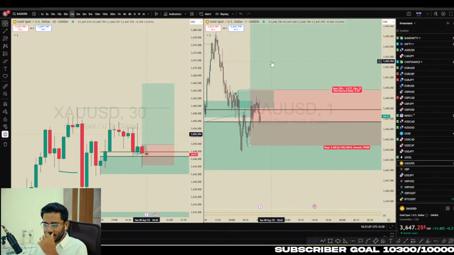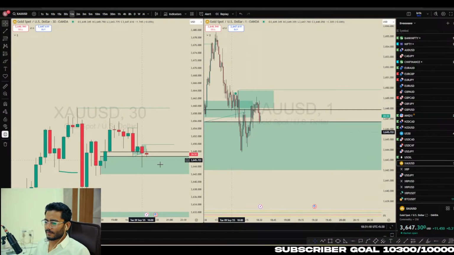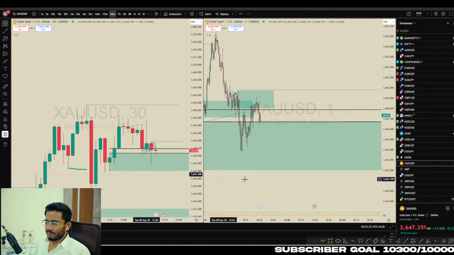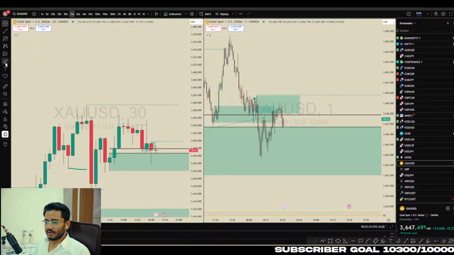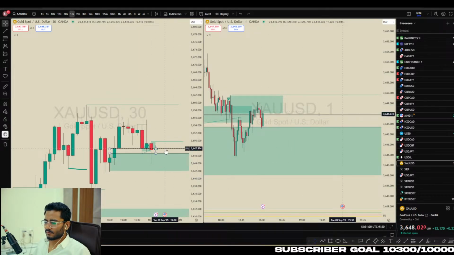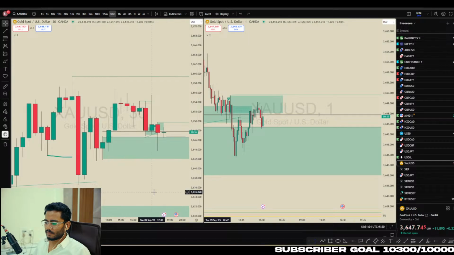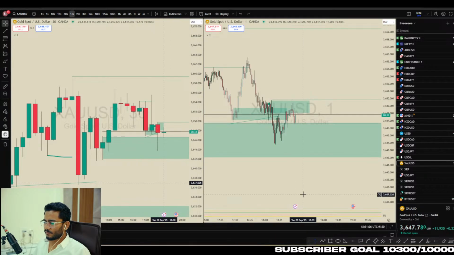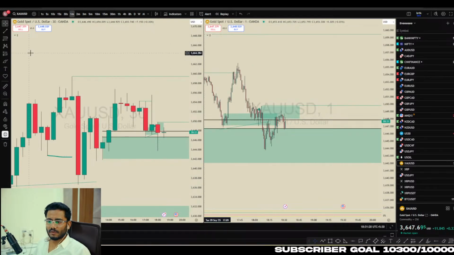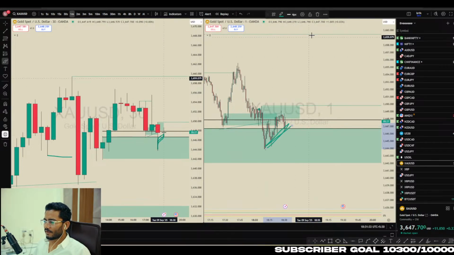So the problem right now, gold, is this candle didn't flip to the upside. It's rejecting from this area here. But let's wait for this second candle to form. Right now, I'm not that confident for this buy side trade because it has created this trend line to the downside.